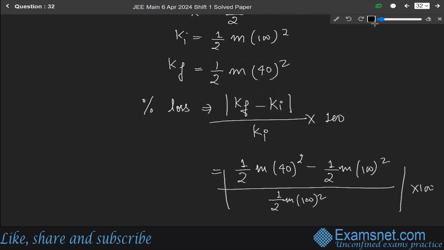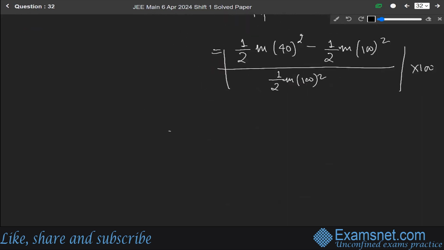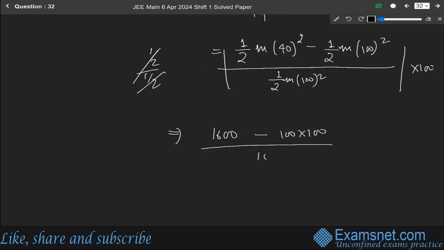Now simplifying it, we get 4 4s are 16. The half and m cancel out in numerator and denominator, so we get 1600 minus 100 into 100 over 100 into 100, and into this 100.